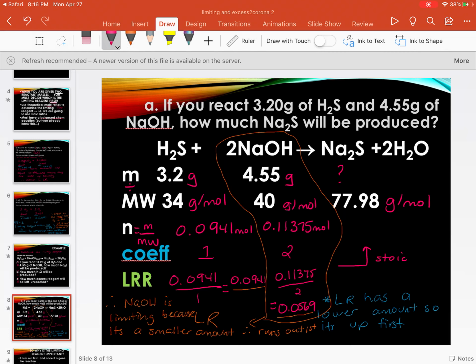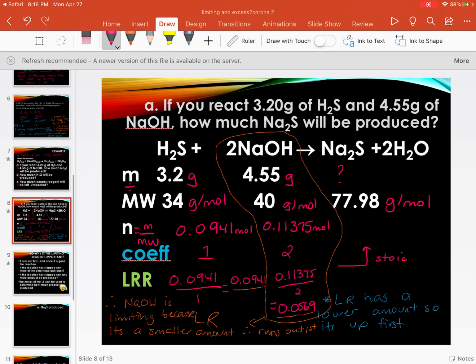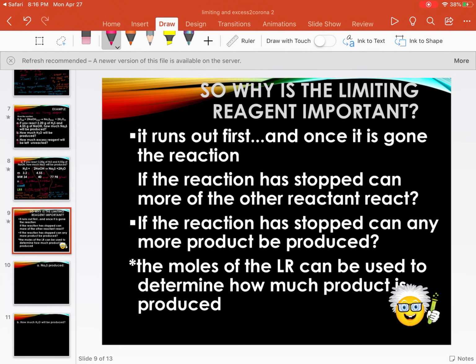Okay, so now that we have the limiting reagent, why is that so important? The limiting reagent runs out first. So once it's gone, that means the reaction stops. Once the reaction stops, can any more of the other reactant react? No. If the reaction is stopped, can any more of the product be produced?